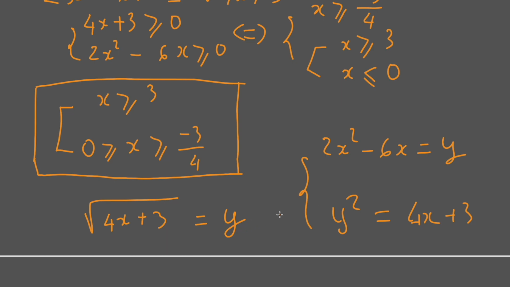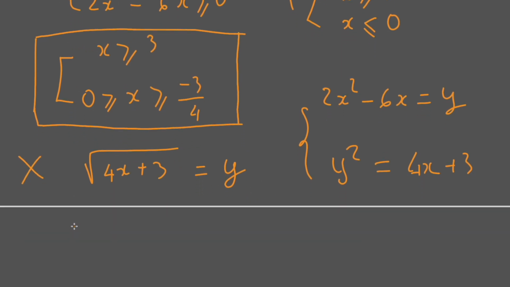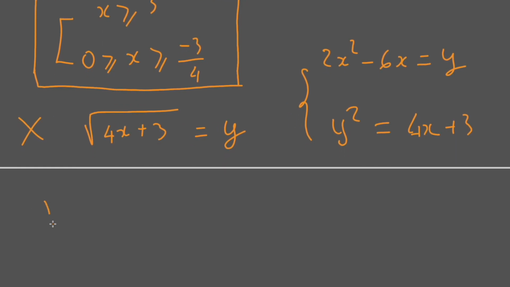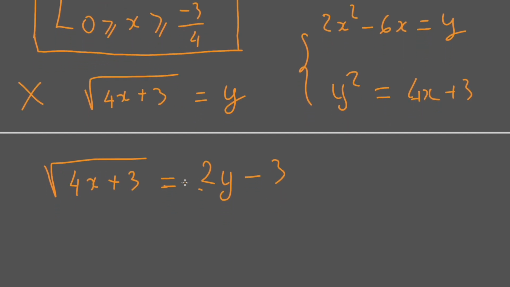So we don't do it this way. We do another thing. We also keep the variable in the radical, but we put a number in addition to y. We will put 2y minus 3. And why I put 2 and 3 here, I will explain later today.